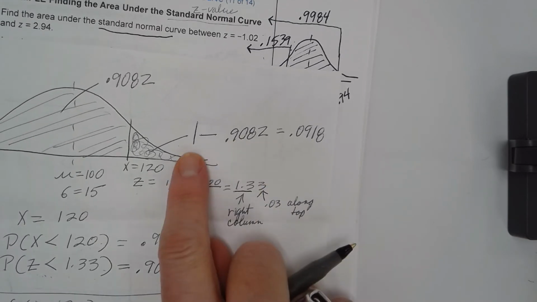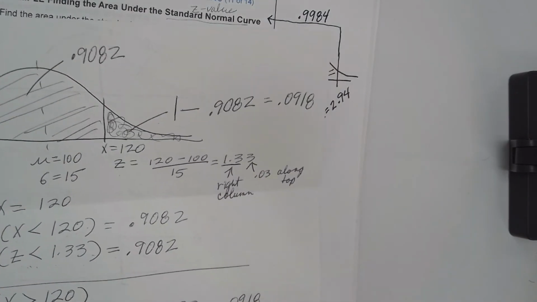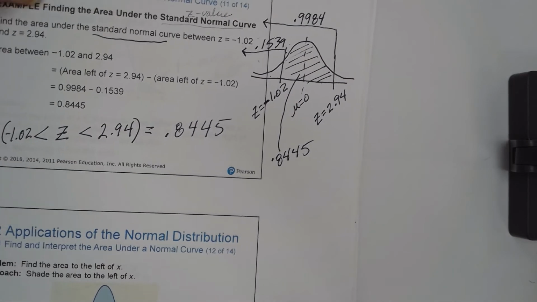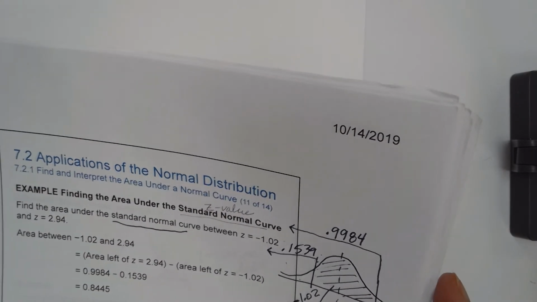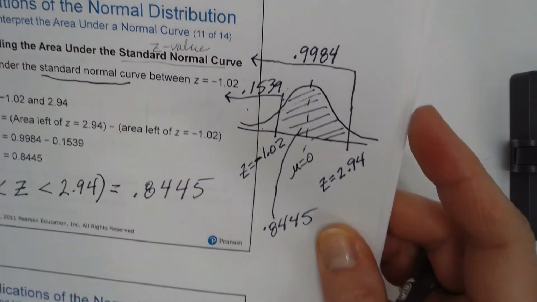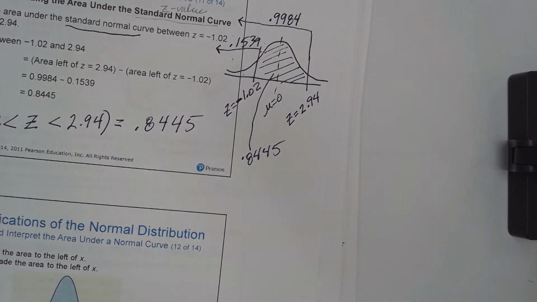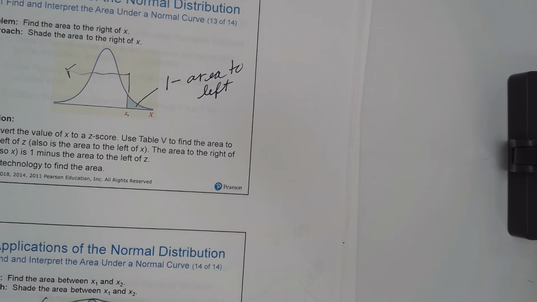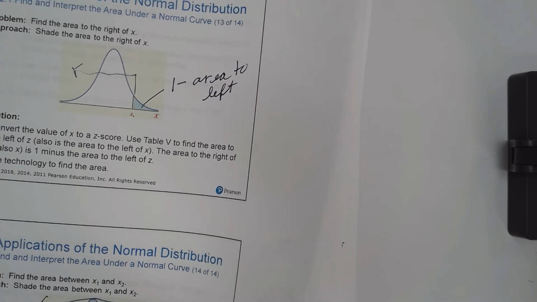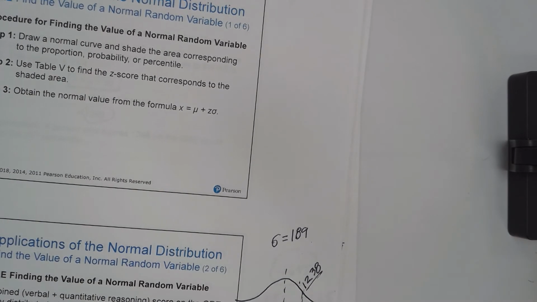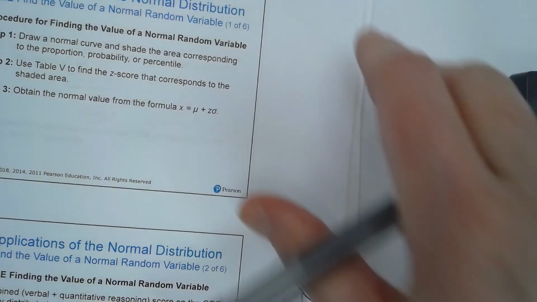So we can subtract it from whatever the area is to the left, or using your calculator, you can use the lower boundary and upper boundary, but instead of negative 1e99 for negative infinity, you're going to use positive 1e99. You would do CDF. Okay, let's go ahead and do that.